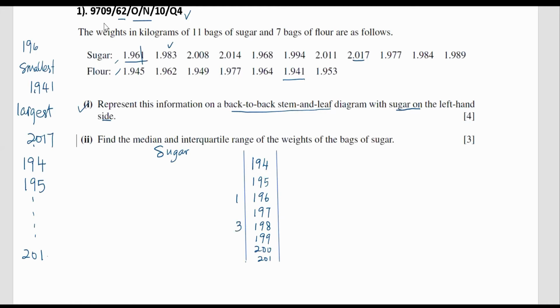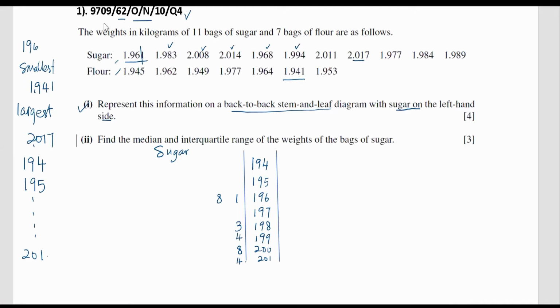Next, 2.008, so we have an 8 here. 2.014, we have a 4 here. And 1.968. All right, 1.994.